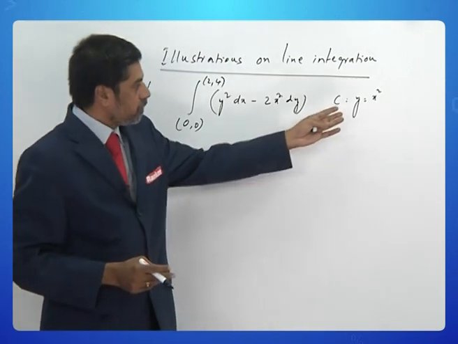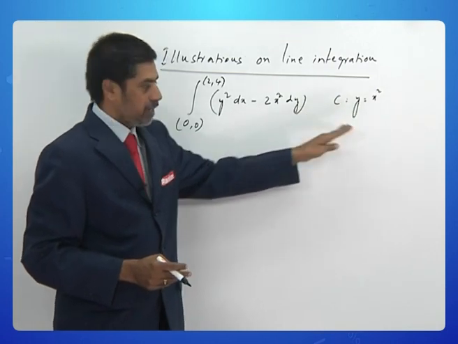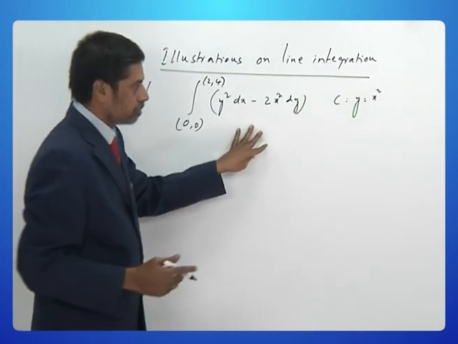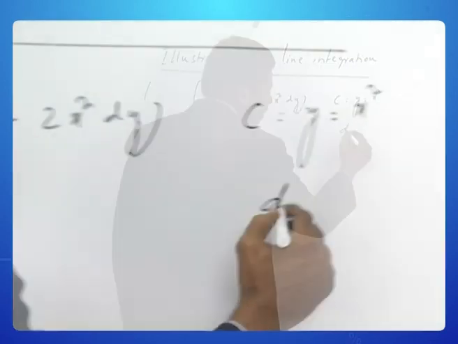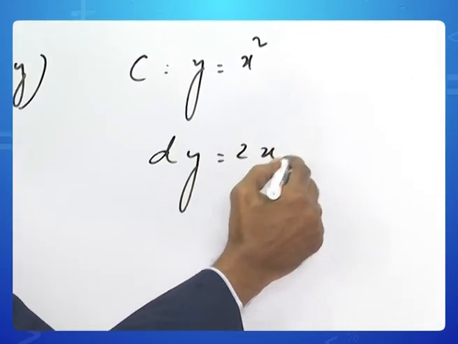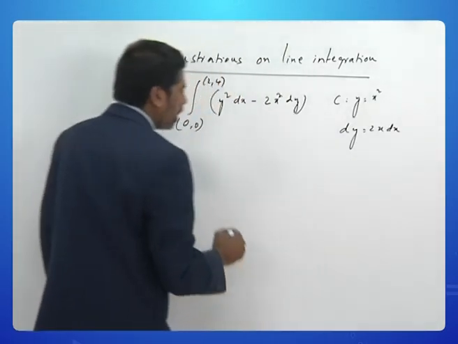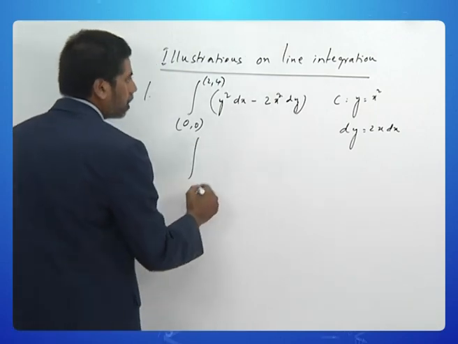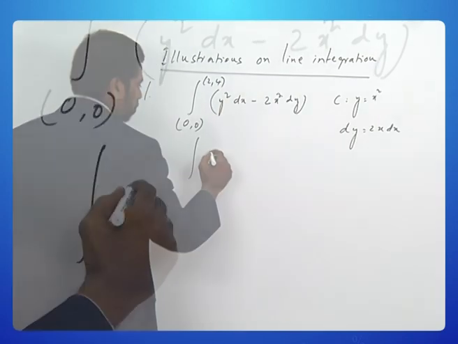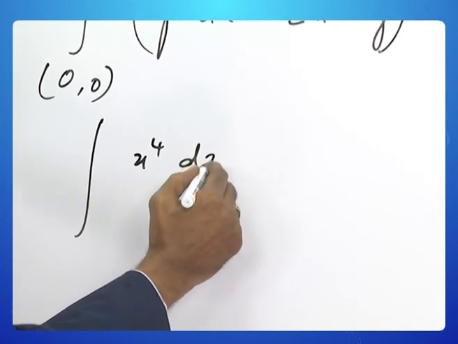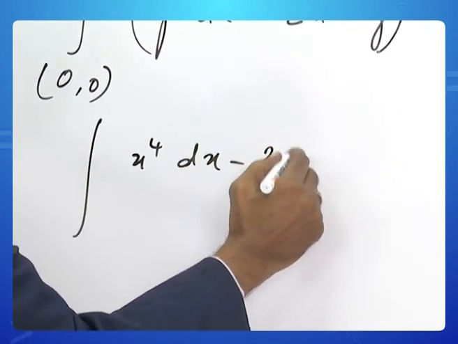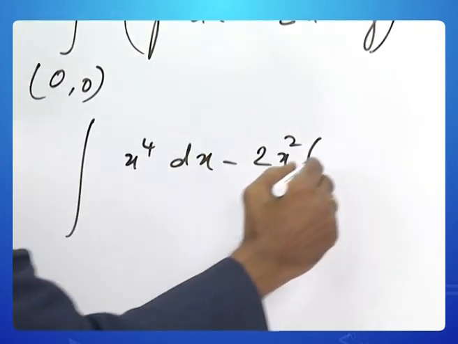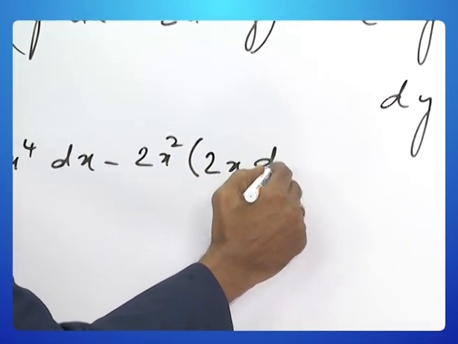So it is very convenient to express y in terms of x, and therefore this integration will become very simple. Now you can see dy can be written as 2x dx, and this would become y square becomes x to the power of 4 dx minus 2x square into dy is 2x into dx.